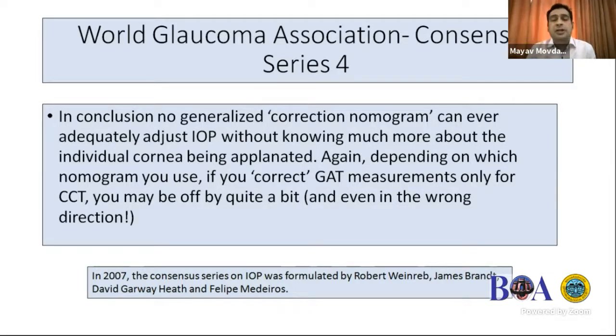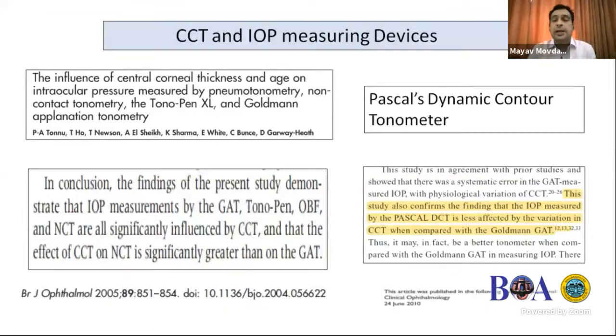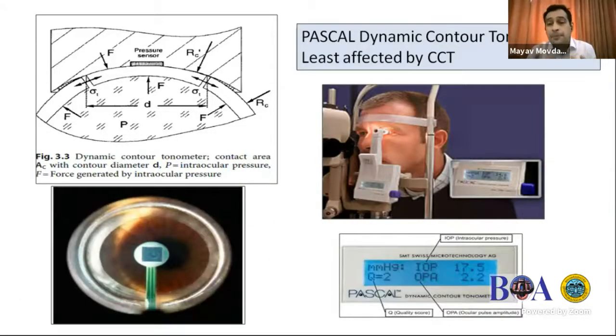Most of our normal IOP measuring devices, whether it's the GAT or the Tono-Pen, pneumotonometer or the NCT, are all significantly affected by the central corneal thickness, with the NCT, the non-contact, being significantly more affected compared to the Goldmann applanation tonometer. However, the Pascal dynamic contour tonometer is the least affected by central corneal thickness when it comes to IOP measurement as compared to Goldmann's, because it does not use the principle of applanation, but the principle of contour matching, where the DCT head sits on the surface of the cornea and does not applanate it.